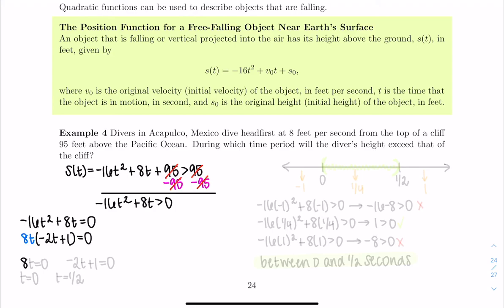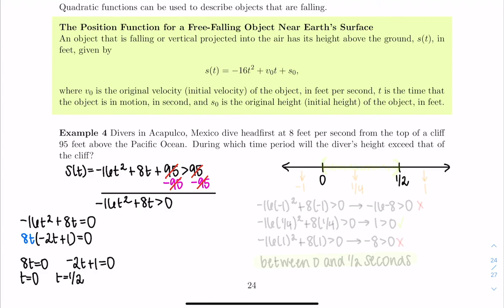Setting both these pieces equal to 0, we've got 8t equals 0, and negative 2t plus 1 is 0. And so we end up getting t equals 0 and t equals 1/2. And so we want to plot those on our number line. So we've got 0 and we've got 1/2.